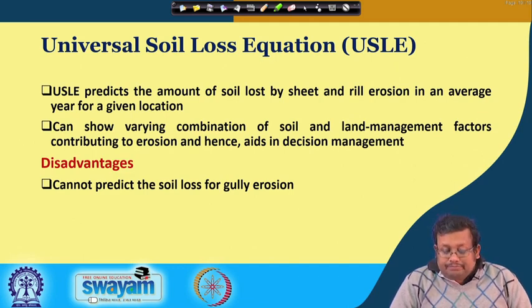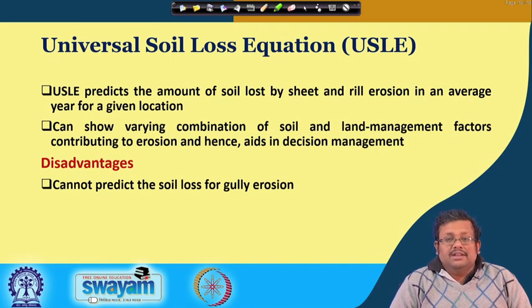The universal soil loss equation is helpful for calculating the amount of soil lost by sheet and rill erosion in an average year for a given location, and it can show varying combinations of soil and land management factors contributing to erosion, and hence aids in decision making.